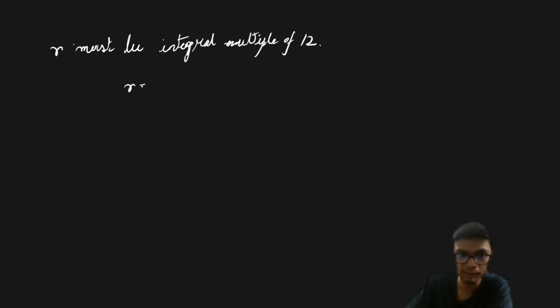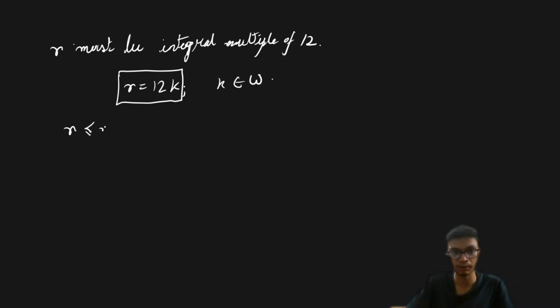So therefore r can be written as 12 times k, where k is a whole number, right? Now since r should also be less than or equal to n, right?